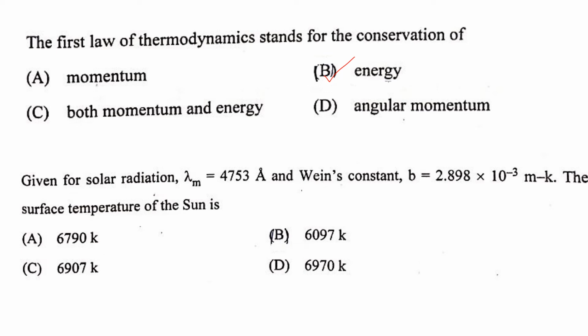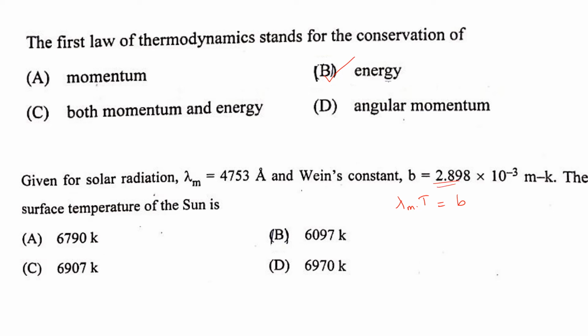Given for solar radiation, lambda m, that is the maximum wavelength, is equal to 4753 angstrom, and Wien's constant B is equal to 2.898 into 10 raised to minus 3 meter Kelvin. Then the surface temperature of the sun is. From Wien's displacement law, lambda m into temperature T is always a constant.